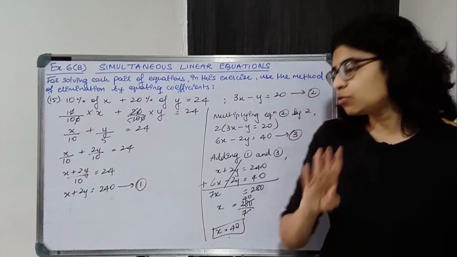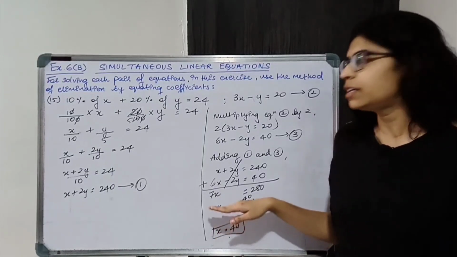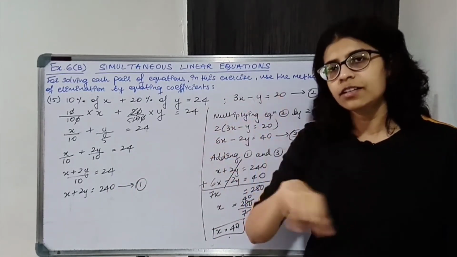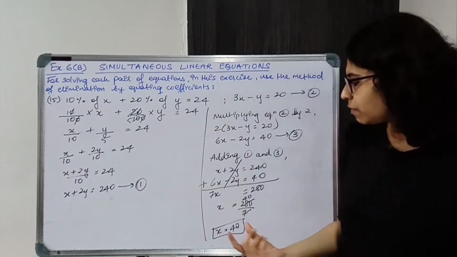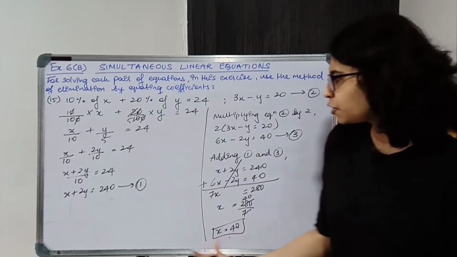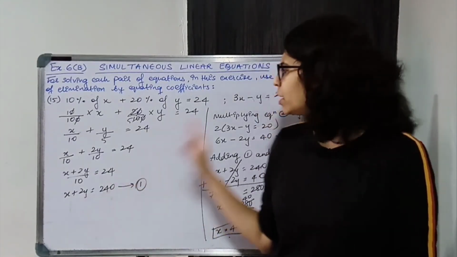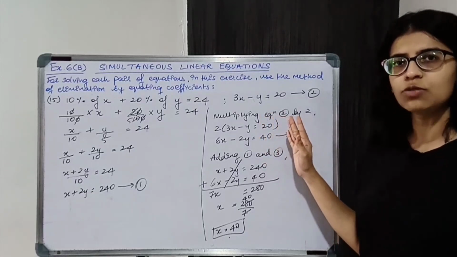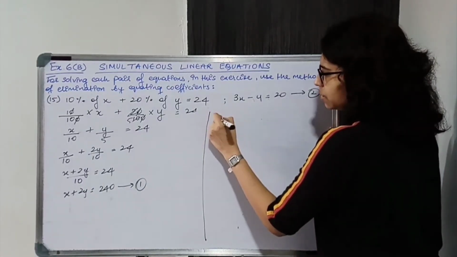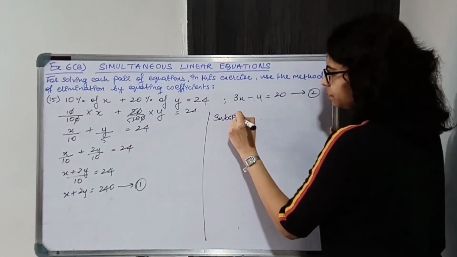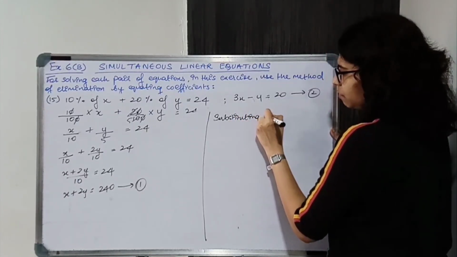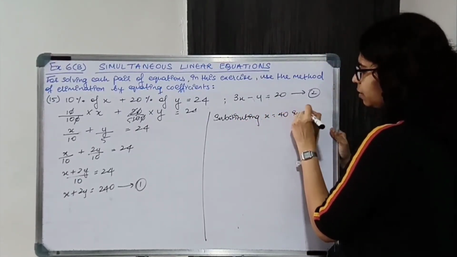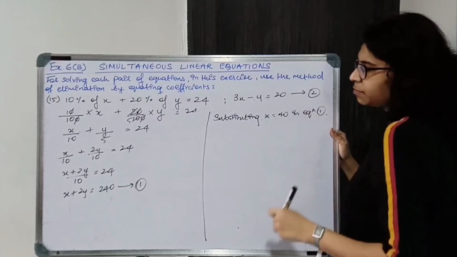So fourth step, you will substitute the value of the variable in any of the equations and find the value of the other variable. I will find the value of y by substituting this in 1. You can substitute in any of the equations, you will still get the correct answer. Substituting x equal to 40 in equation 1.